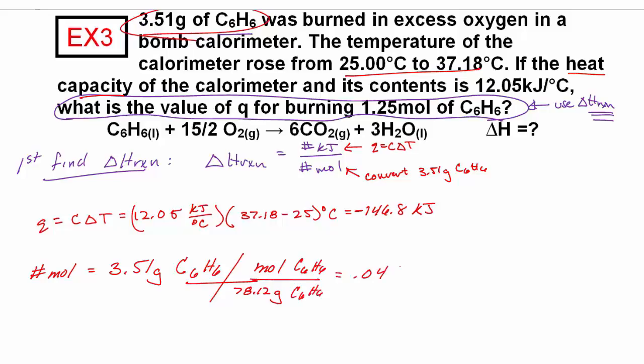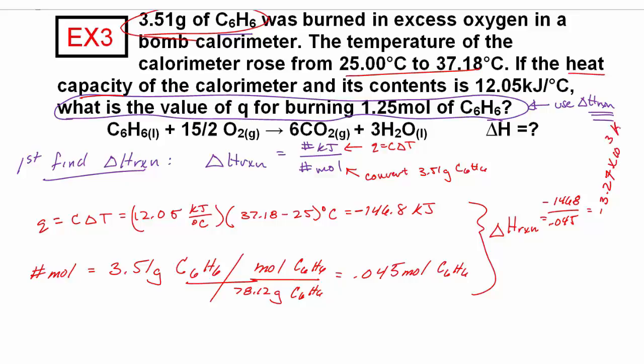So that's about 0.045 moles. Okay, so I can use these two to get my delta H. Negative 146.8 all over 0.045 equals a negative 3.27 times 10 to the third kilojoules per mole.